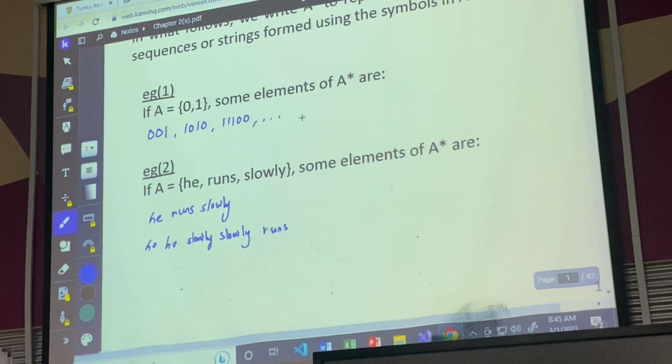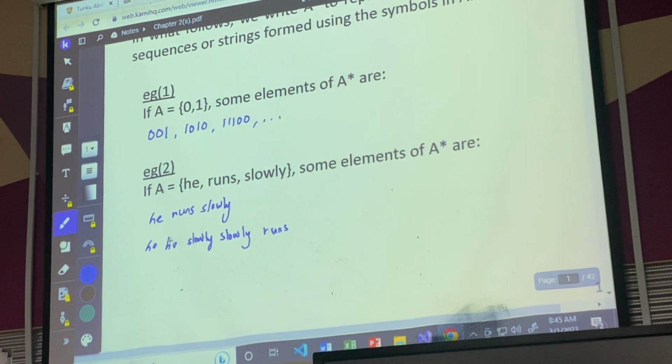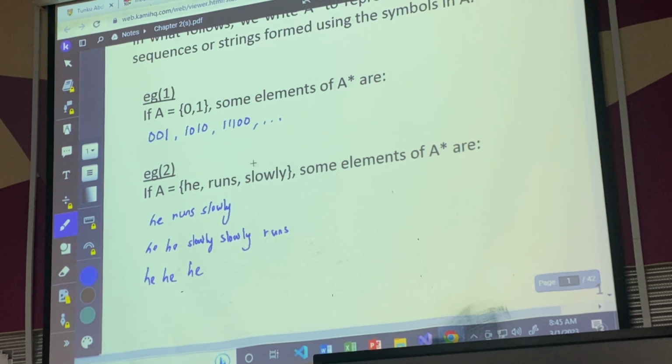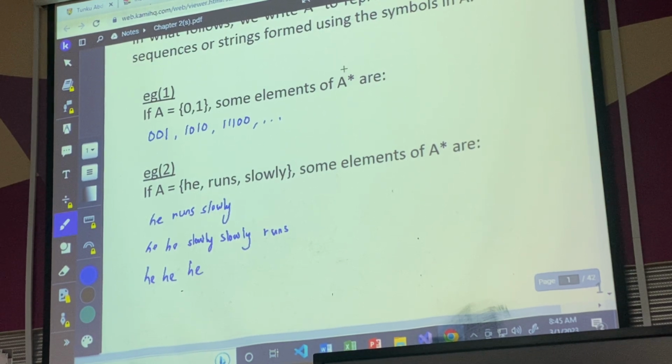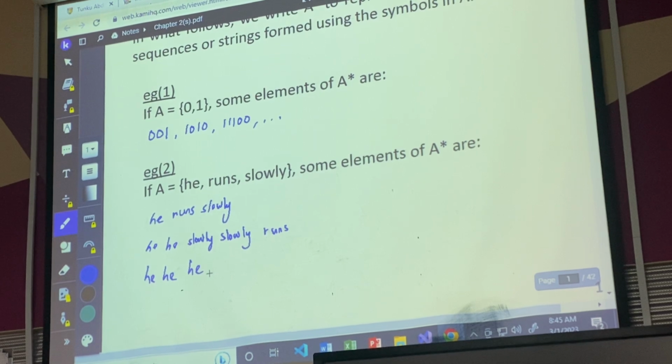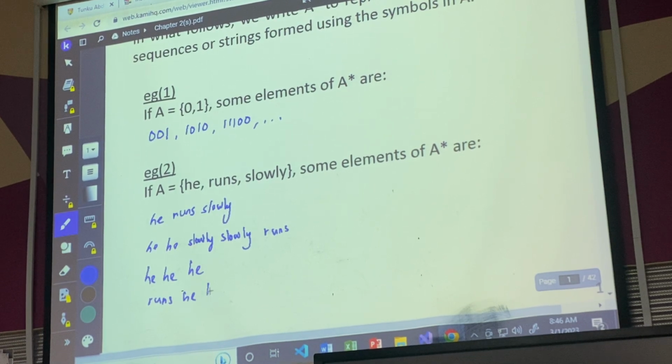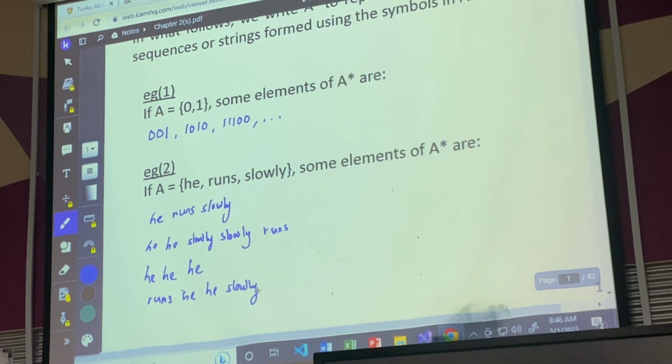He. Oh, he only. No need to use all of the elements, it doesn't matter. So you can have it like this, and then runs. He also can. Anything, as long as it comes from these 3 words.